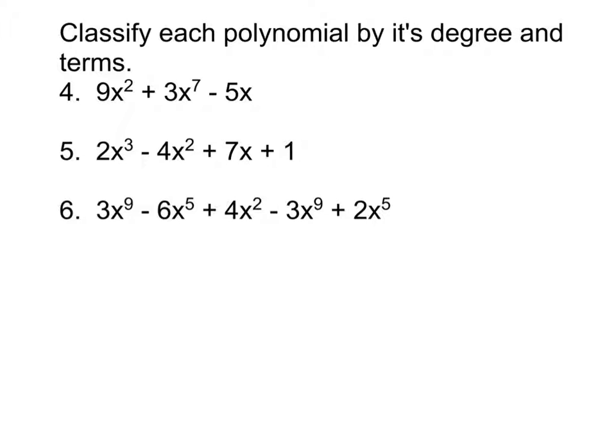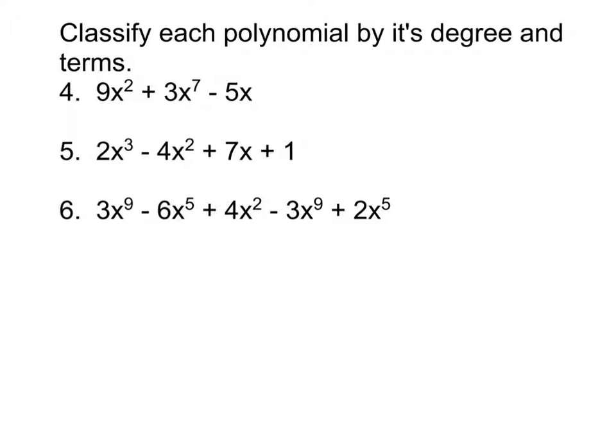Now, having seen those problems done, go ahead and now classify each of these 3. All right, so as you're working through these, on number 4, we first have to classify by the degree. And degree, remember, is the highest exponent. And in this case, the highest exponent is not written first. Notice the highest exponent is actually right here.